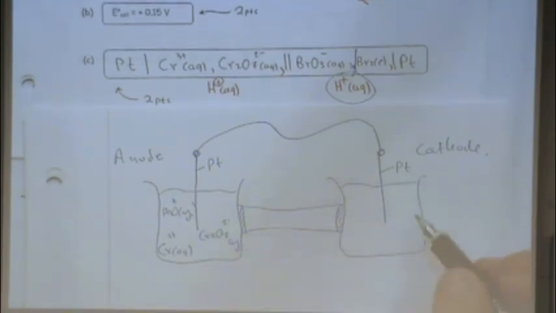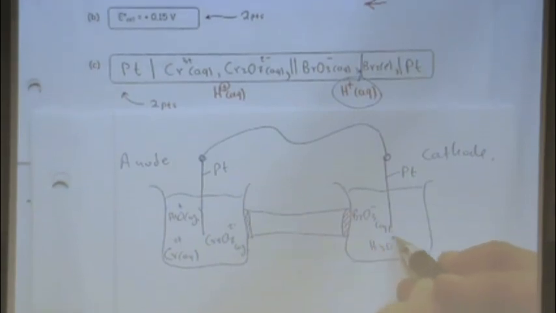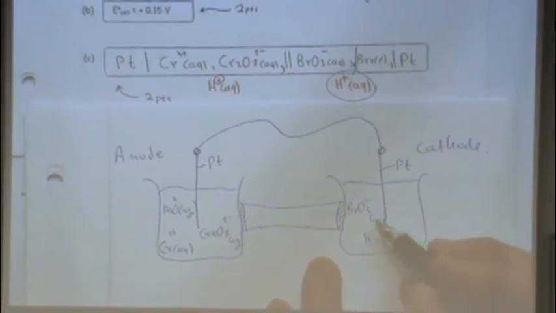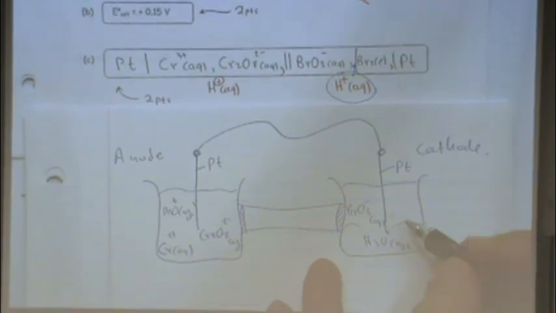Well, then the cathode is the reduction, so it will be the bromates, hydronium ions, and if you want to put bromine here, liquid, you can put bromine liquid. Here we're going to have potassium chloride, usually we use potassium chloride.